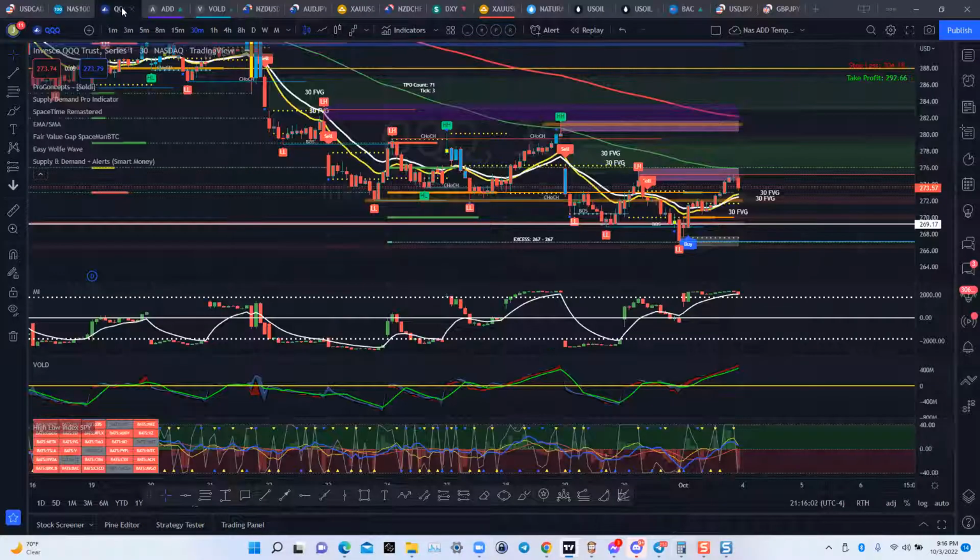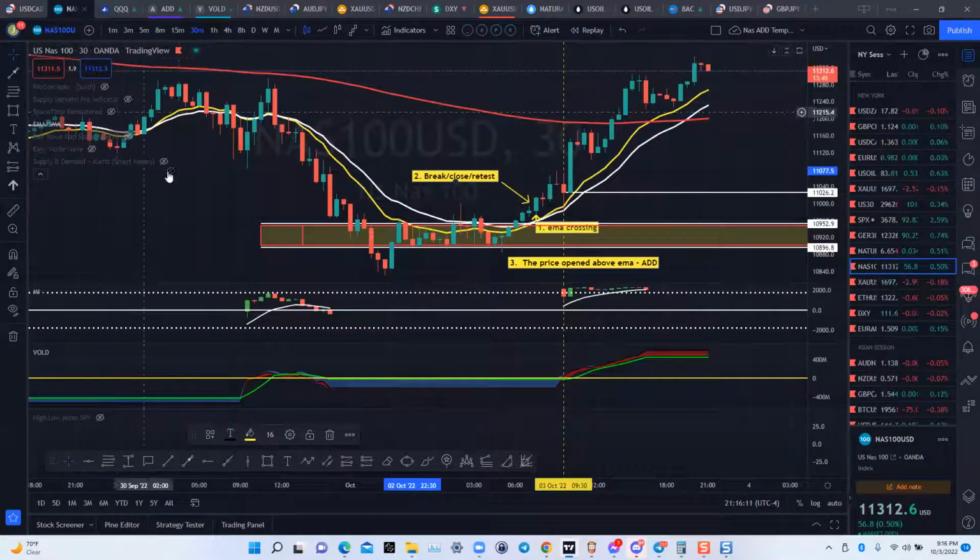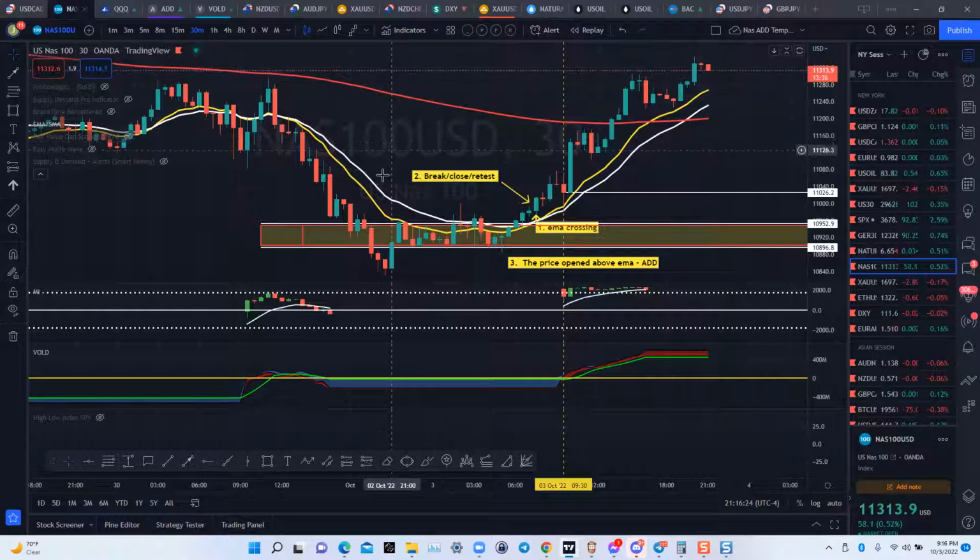It rolls with QQQ or NQ, and then SPX500 works with ES. So these are stocks. When the stocks are going down or up, you'll see Nas going, because it's all the tech stocks like IBM, Apple, that type of thing.